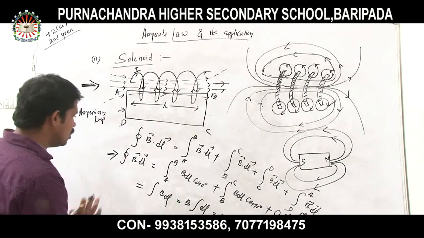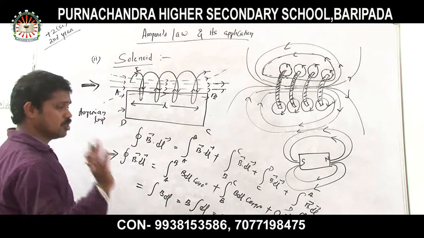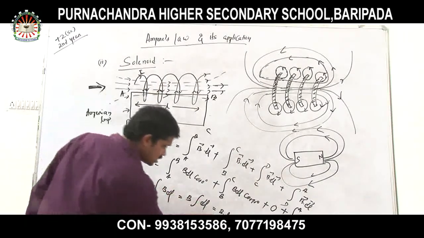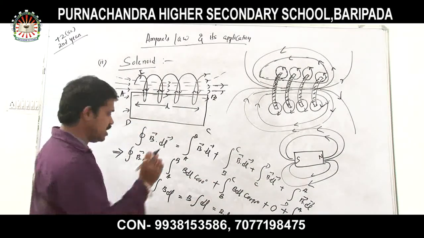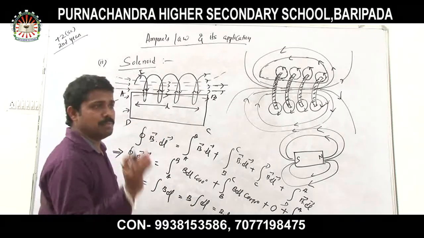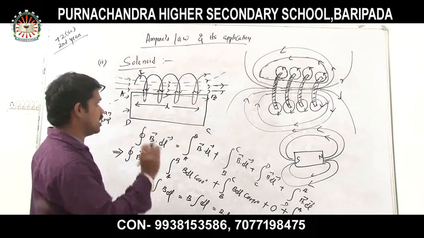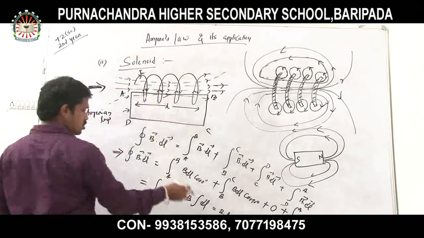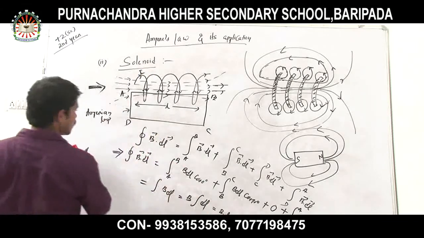Now according to Ampere's law, listen very carefully, this must be equal to mu 0 times the total current enclosed by the loop. What is the total current enclosed? I. So let us compare.